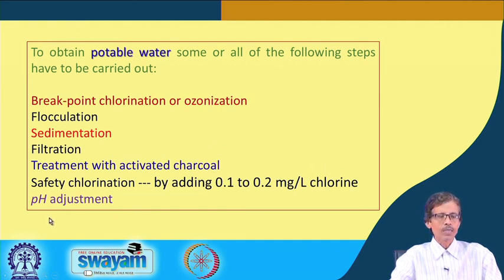So, pH adjustment is very much needed, such that we can move the pH of the water to close to 7, to close to 6.8 or close to 7.2.